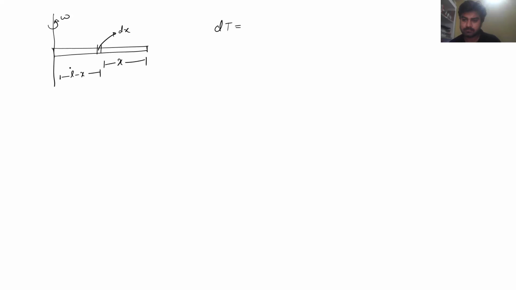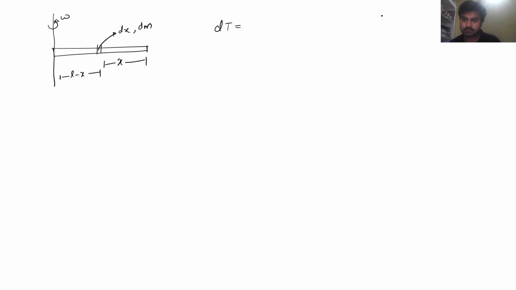We have to calculate at the center, right? So when we integrate, we will calculate from 0 to L by 2. So we'll get the whole strain. We have to calculate the whole strain up to L by 2 length. So I took some small segment dx, right? Let's say this dx is having a mass of dm.